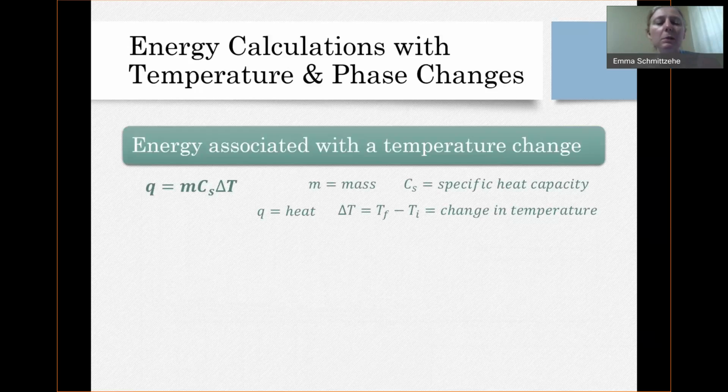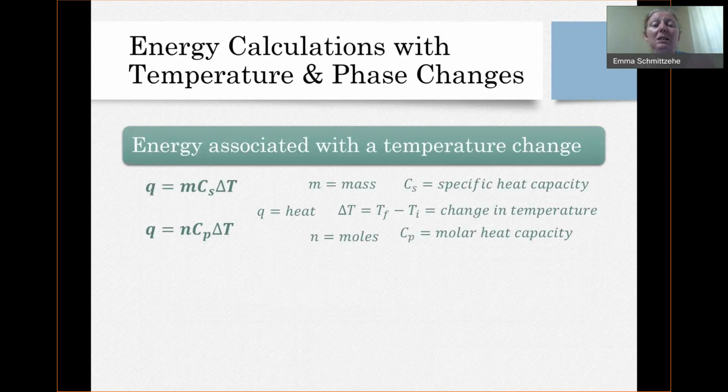Now, you sometimes see this relationship written in terms of moles instead. It could be written as Q equals n C delta T instead of m C delta T. And really, the only reason that sometimes it's written that way is if you have what's called a molar heat capacity.